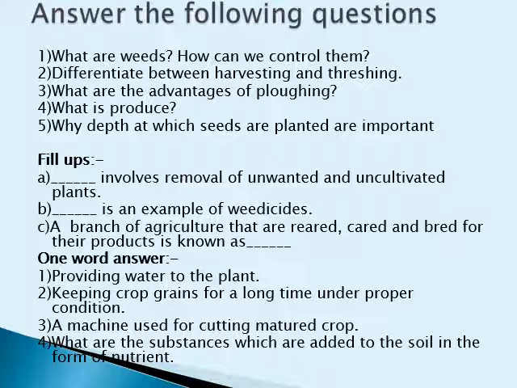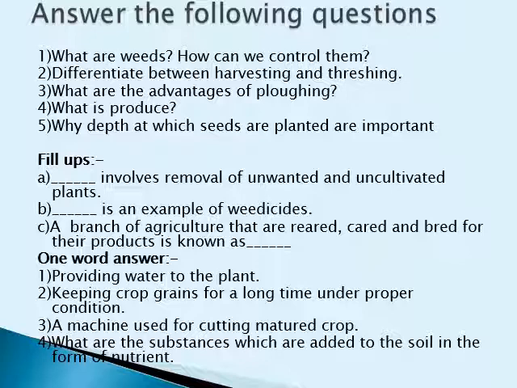Now, some of the one-word answers we are going to find out. First question says, providing water to the plant. So children, in agriculture practices, we have already discussed the method by which we give water to the plant is the process of irrigation.